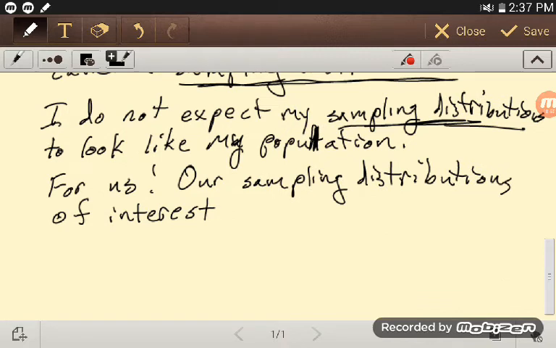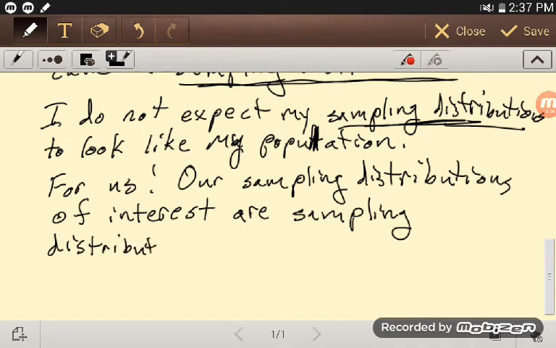Our sampling distributions of interest are sampling distributions, so I'll say that whole word again so we keep hearing it, sampling distributions of X bar, a sample mean.